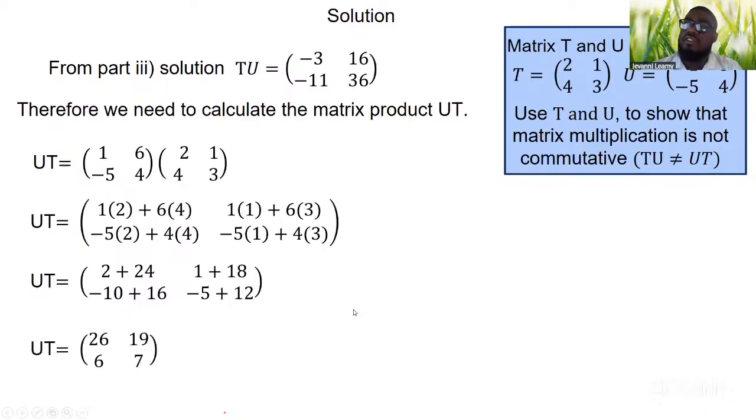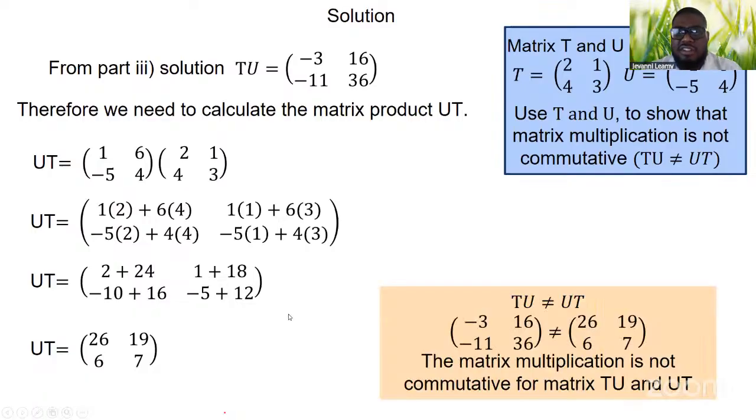All right. So the final elements in this matrix are 26, 19, 6, and 7. So matrix TU is not equal to the matrix product UT. Even if you see one element that is the same in each of the matrices that we multiplied, you need all of the elements to be the same for it to be commutative.